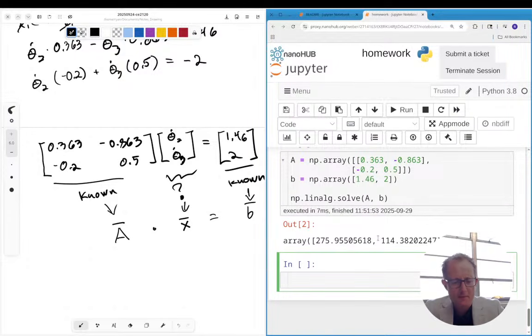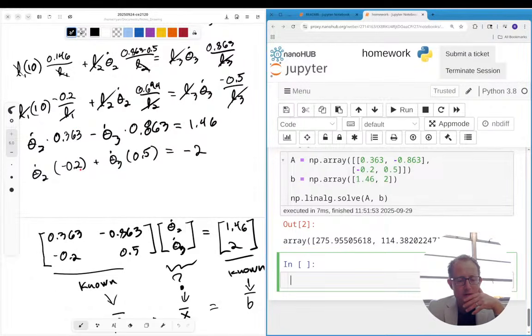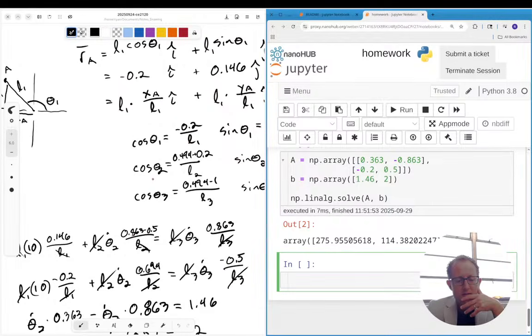Ooh, that can't be right. What did I do wrong? Because this is very fast to be spinning at 280 radians per second. So I did something wrong up here, at least when I entered in this stuff. So let's come back up. Negative 0.2.